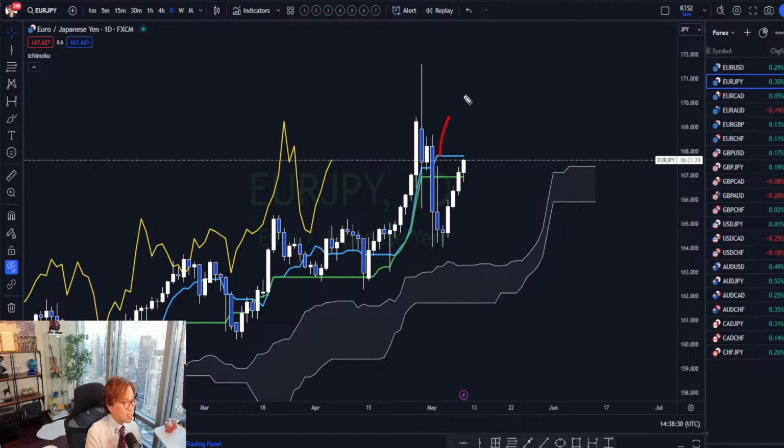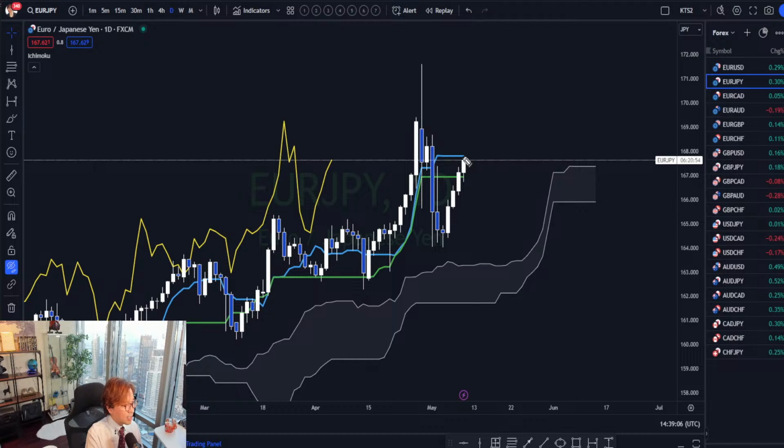Tenkan-sen means short term, Kijun-sen means mid term, and Kumo is the long term. Simply, when the price is above Kijun-sen and above Kumo, that means buyers are dominant based on the mid term and long term. And still the price is below the Tenkan-sen. That means buyers are not dominant over sellers in the short term yet.